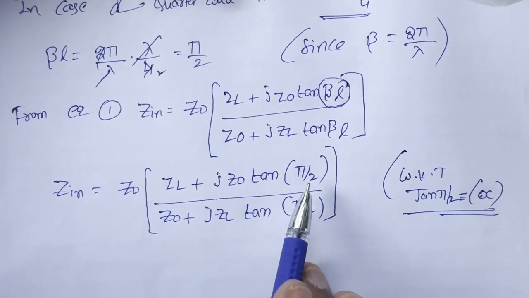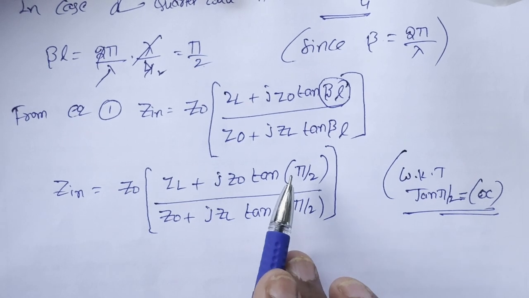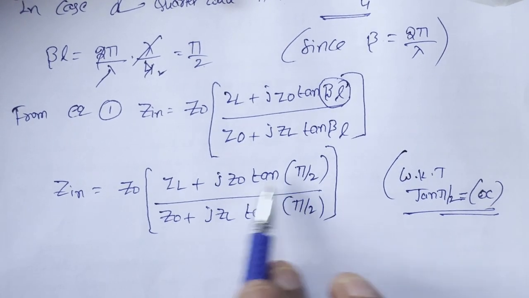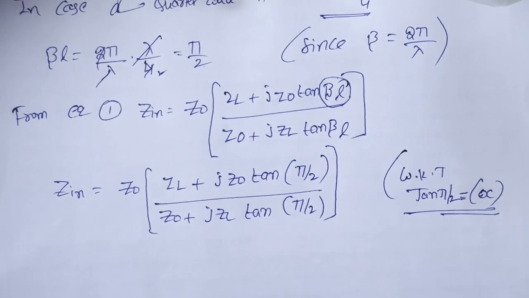So we can't substitute that infinity directly. Then I am taking tan pi by 2 as a common term.